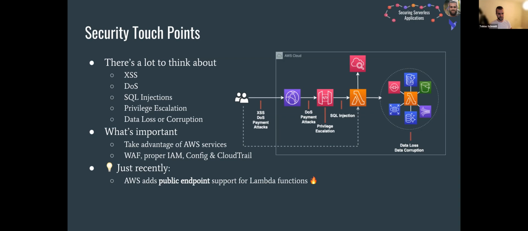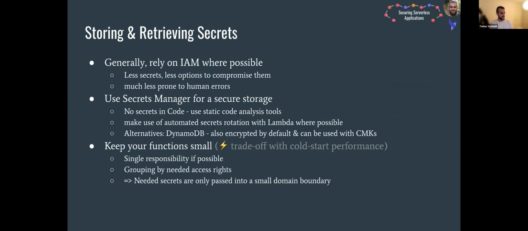So you don't even need an API Gateway in front of your functions to make them publicly available, which could be a huge security issue for your apps. So you have to keep track of a lot of stuff if you want to maintain good security in applications.